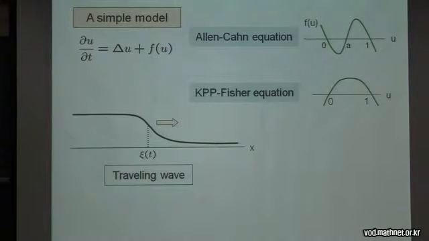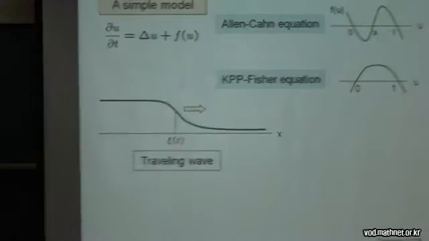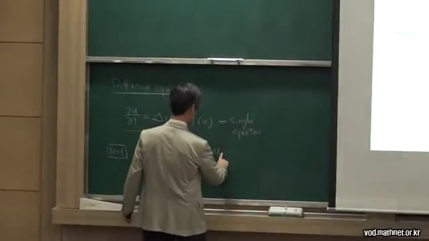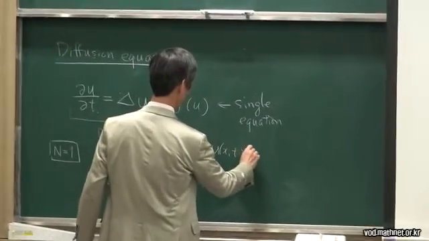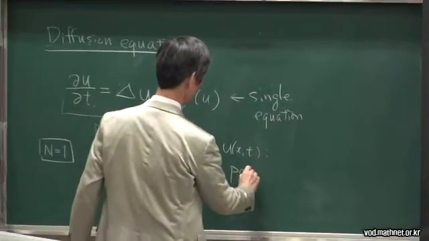In the context of ecology, which Skellam studied, f of u is the growth of the population. u of x, t represents the population density.